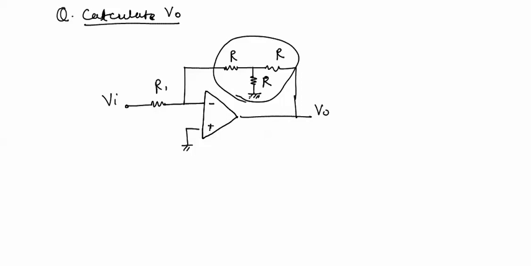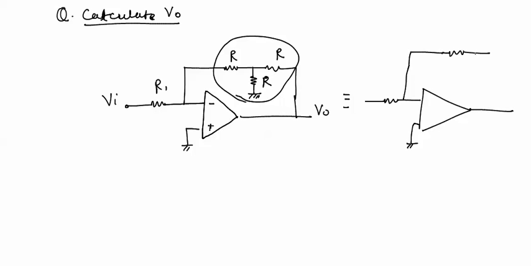This circuit can be analyzed by converting the star network into its delta equivalent, and this circuit will look like this circuit.